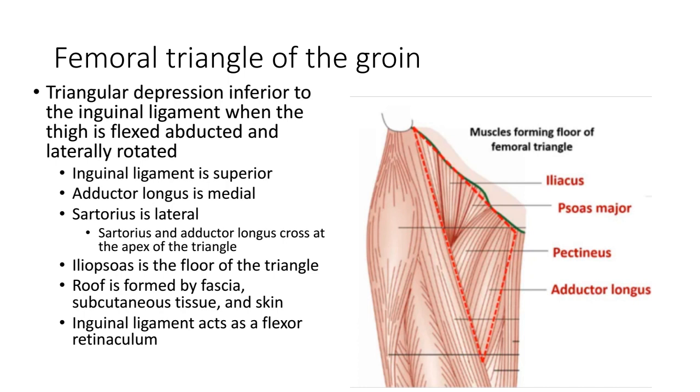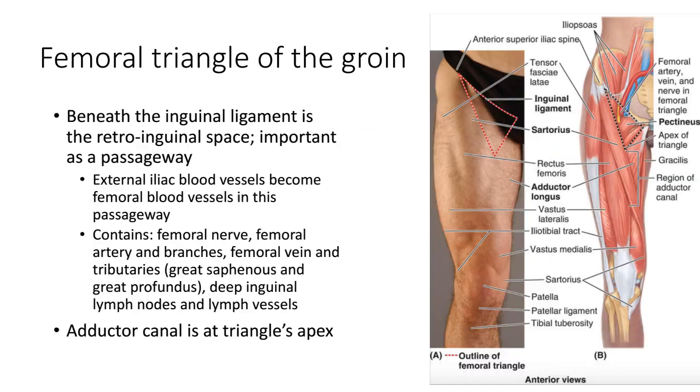The sartorius and the adductor longus cross at what we call the apex of the triangle. The iliopsoas is in the floor of the triangle. The roof is formed by fascia, skin, and subcutaneous tissue, and the inguinal ligament acts as a flexor retinaculum.